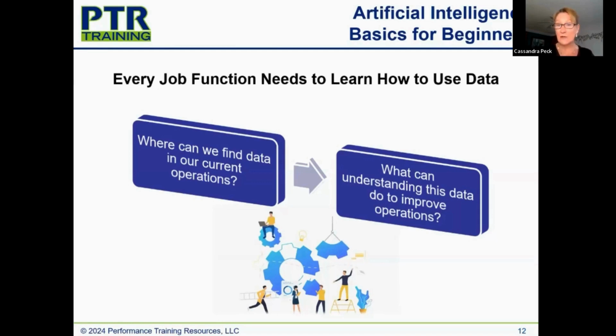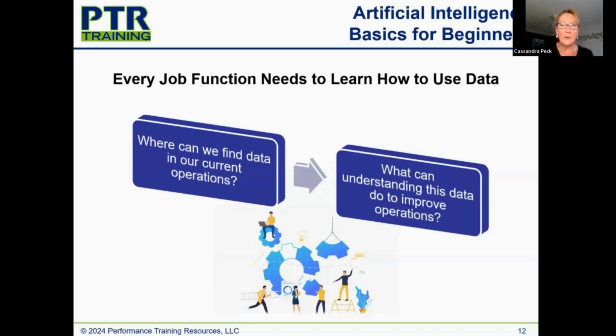When we can analyze trends, that helps with strategic planning, resource allocation, and setting realistic goals, and data-driven insights enable leaders to identify opportunities for innovation and growth. So that's an example of how it can help with leadership and management.